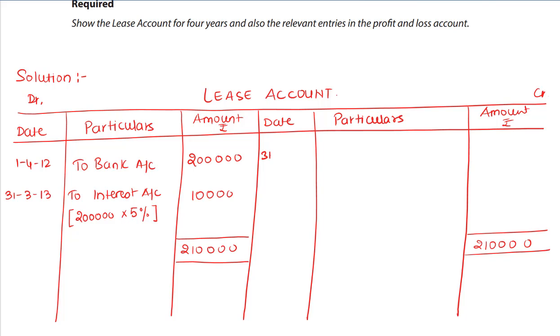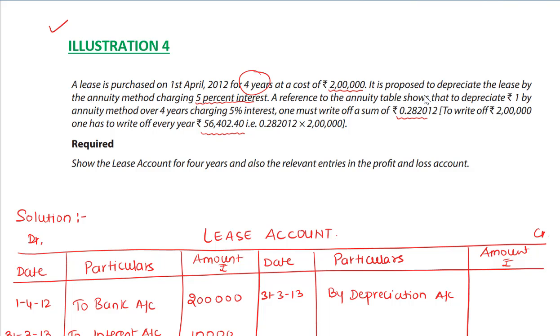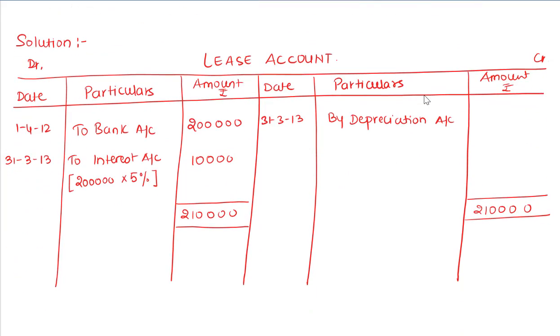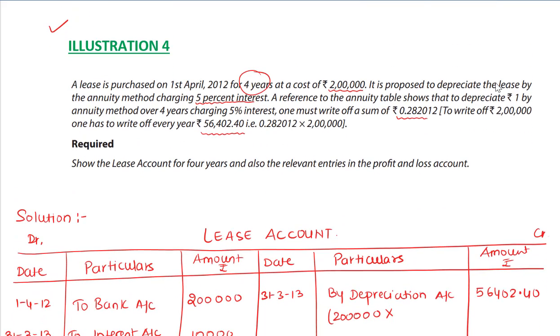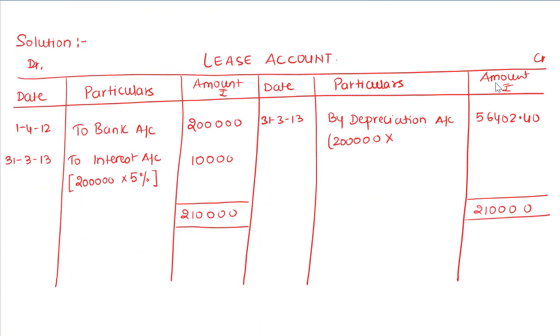On the year end, 31st March 2013, we need to charge depreciation. So by depreciation account 56,402.4, which is given in the question. How come? 2 lakhs multiplied by 0.282012.